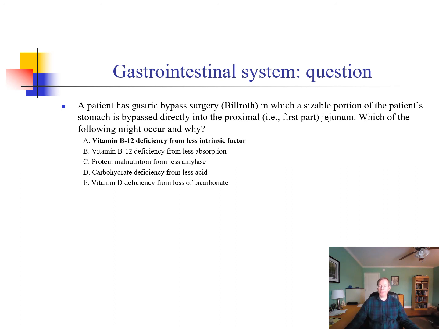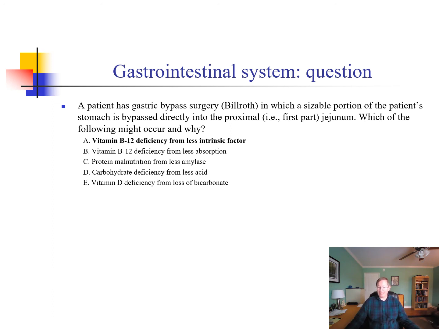All right, now I hope that you recognize that the problem that you might have would be vitamin B12 deficiency because of having less intrinsic factor, because you've taken off a portion of the parietal cells by bypassing part of the stomach and going directly into jejunum. You would not have the B12 deficiency from less absorption because that's occurring in the colon.